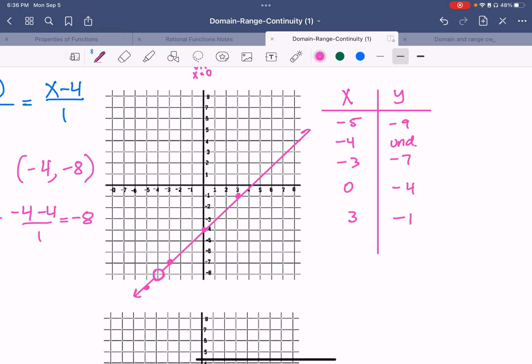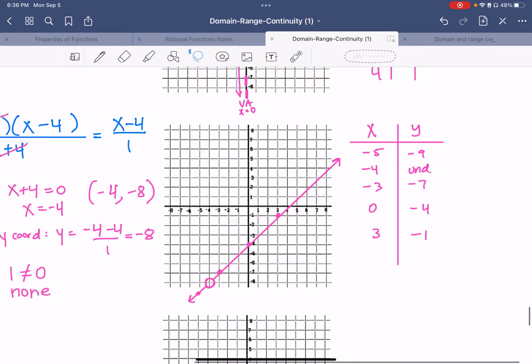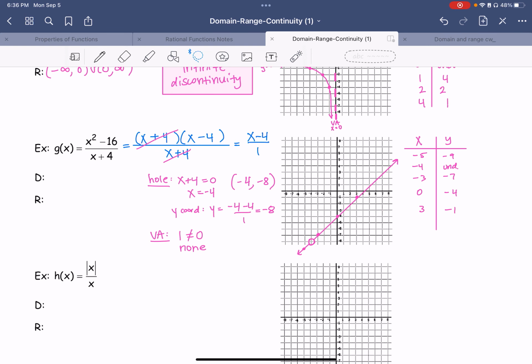Okay, so this is going down, this is going up, and it is a line with a hole at negative 4, negative 8. Now notice that the calculator did not show this hole. The only way you can even try to figure out if there will be a discontinuity is if you pull up the table and it says undefined for the y value.